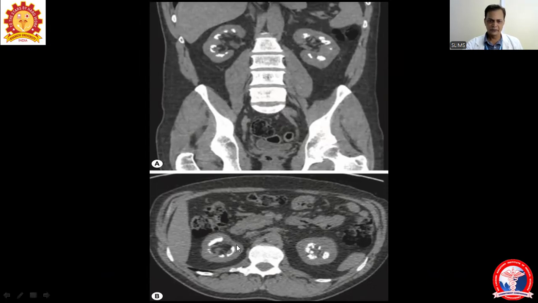We are seeing here both the kidneys and other parts of the abdomen at some point. Here the liver, intestine, a large bowel, and vertebra, muscles. This is subcutaneous fat. This is peritoneal fat. Again, I'm just mentioning it.